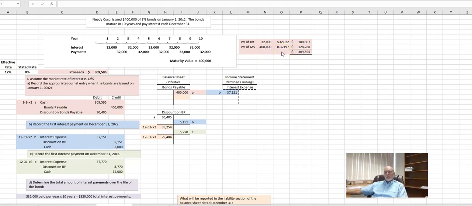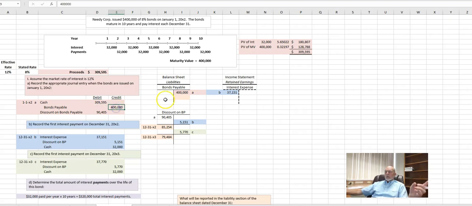So again, go to the tables, or you can go to your financial calculators, or you can use the present value functions in Excel. I'll talk about that in a minute. Anyway, the present value of these future cash flows discounted at the effective rate of 12% is $309,595.